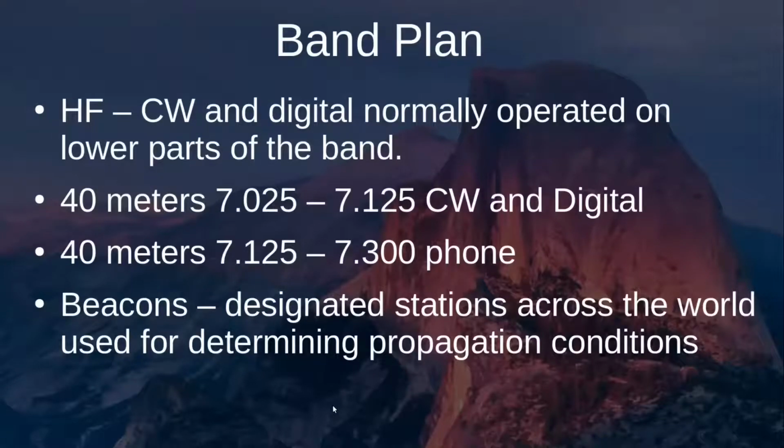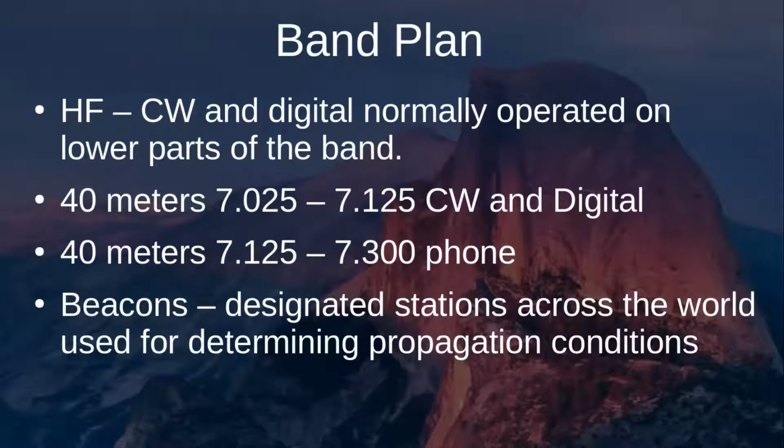So on HF, again, CW and digital modes are normally operated in the lower parts. On 40 meters, this is typically done between 7.025 and 7.125 megahertz. This is where you will generally hear Morse code and digital operations. So can you operate phone or single sideband within that frequency space? Sure. However, as you remember, a single sideband has a much wider bandwidth than CW or digital.